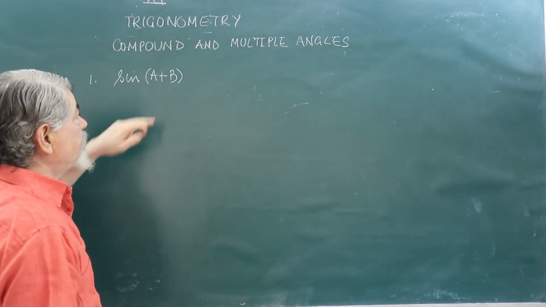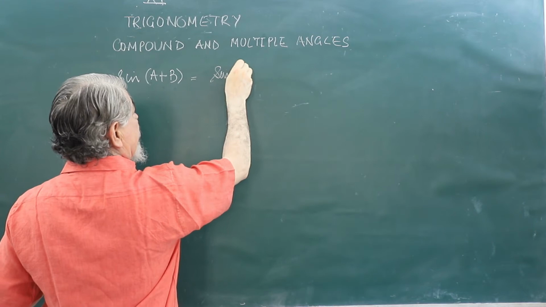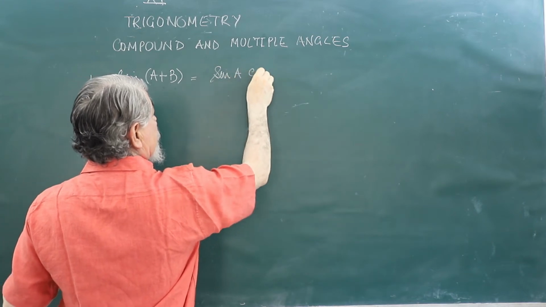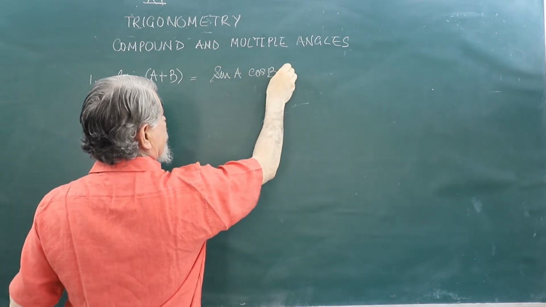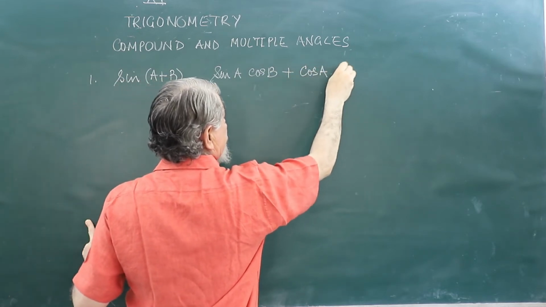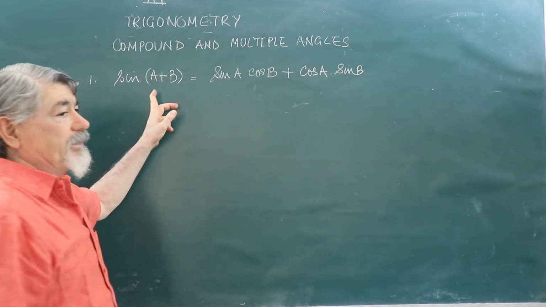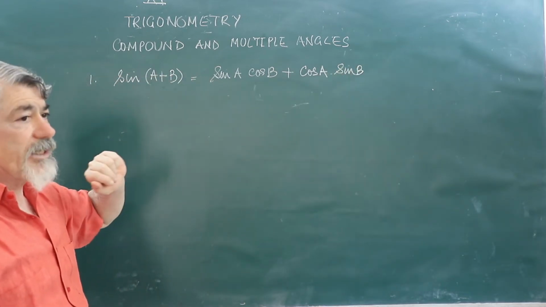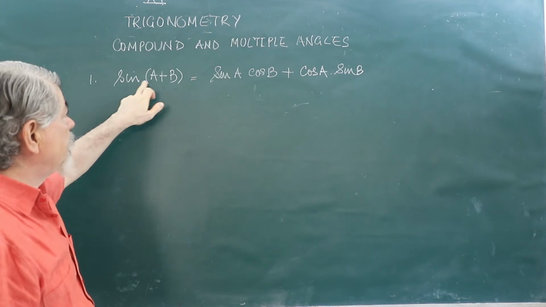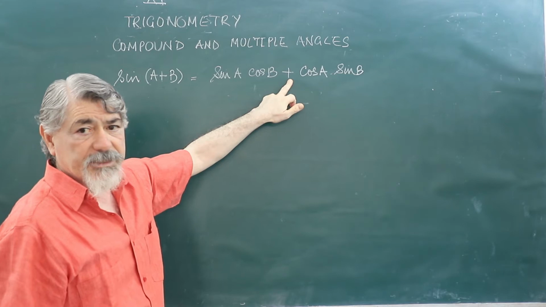Now sine A plus B is sine A cos B plus cos A sine B. You have to remember, in sine A plus B, the sign between the two terms is plus.